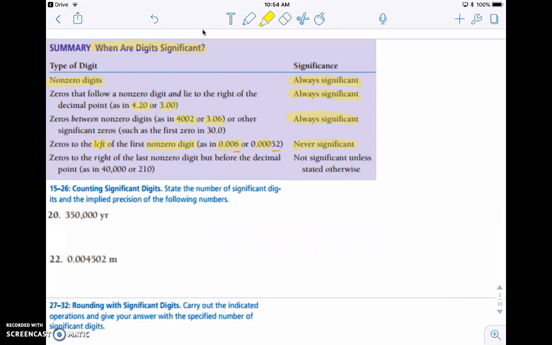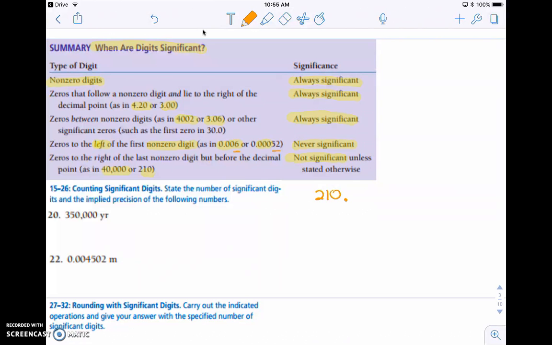And then lastly, zeros that are to the right of the last non-zero digit but before the decimal, such as 40,000 or 210, are not significant unless it's stated otherwise, that we are being accurate down to the ones. Sometimes in the sciences you'll see 210 and then a little decimal.